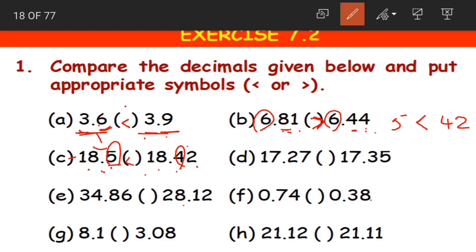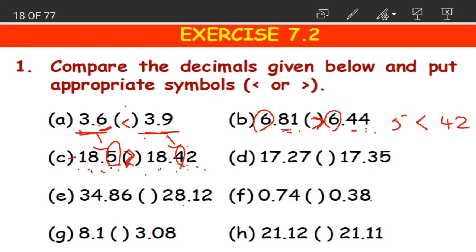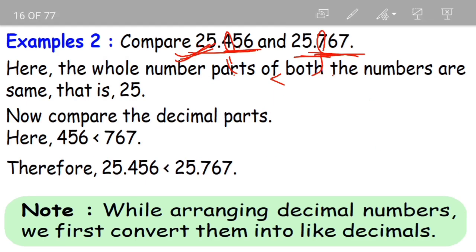Here we have 5 and we have 4. 5 is greater than 4. So that is why 18.5 is greater than 18.42.